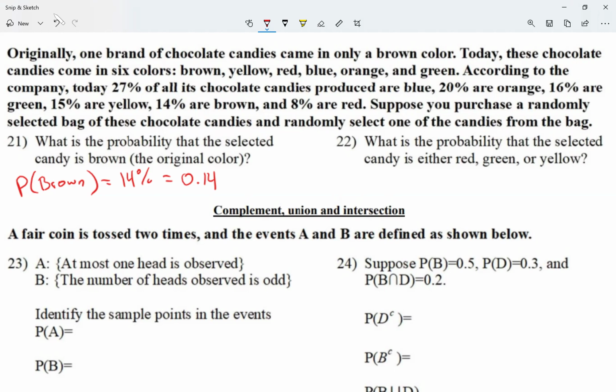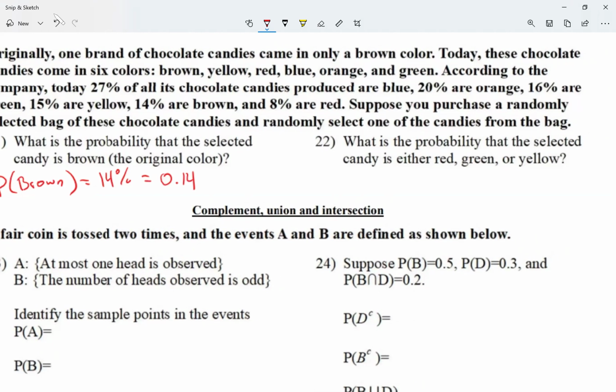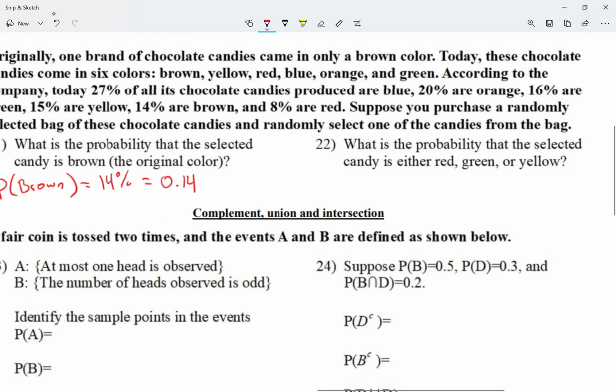What is the probability the selected candy is either red, green, or yellow? Okay. Remember the word or, I have to add them up. So I have to look at what's the probability that I get red? What's the probability that I get green? What's the probability that I get yellow? But I'm going to add them all up because I'm using the word or.